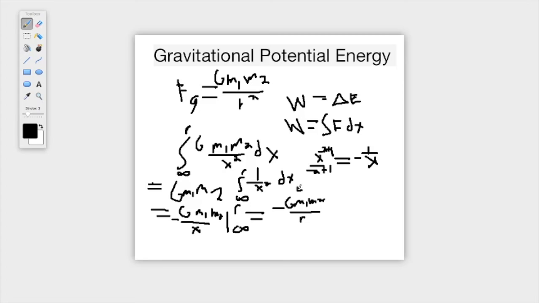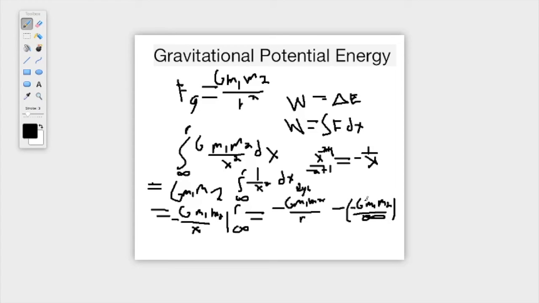And then this is our final energy, right? U_G,f. And then we subtract the initial energy, G m1 m2 over infinity.